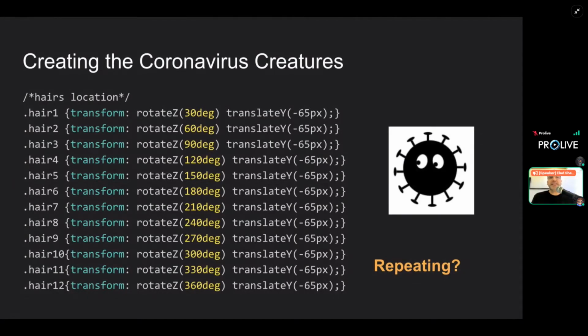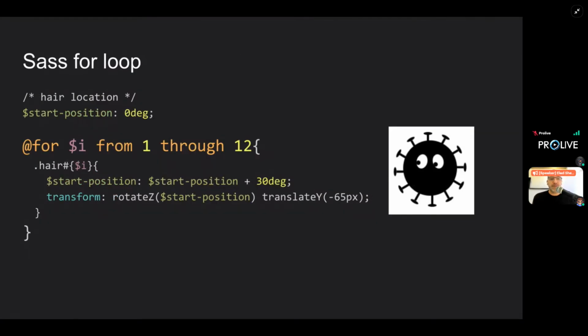Because I'm working with the CSS preprocessor Sass, in Sass we have the special feature of the for loop. And this is exactly what I'm doing in my real code. I'm creating a Sass variable with the name of start position, and I give it a value of 0 degrees. And then I'm creating the Sass for loop that has another Sass variable with the name of I that goes dynamically from 1 to 12.